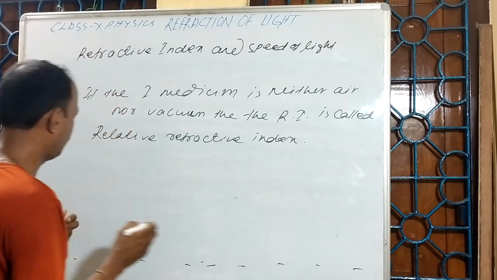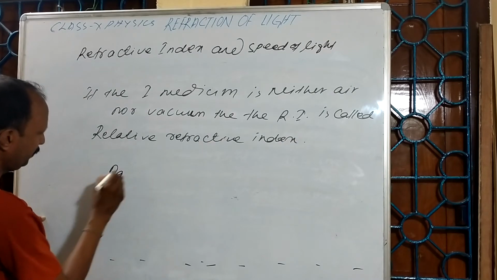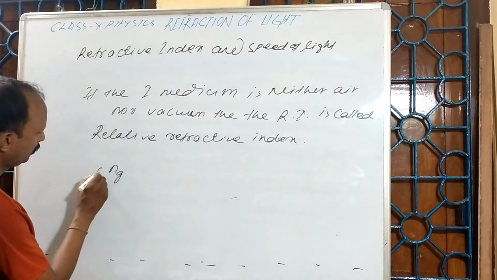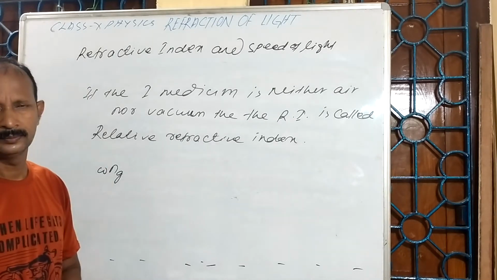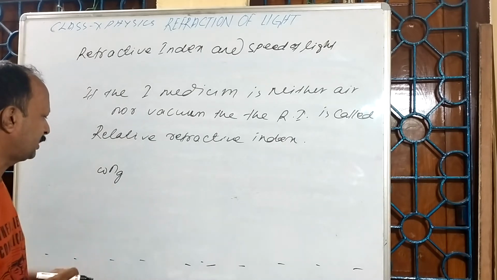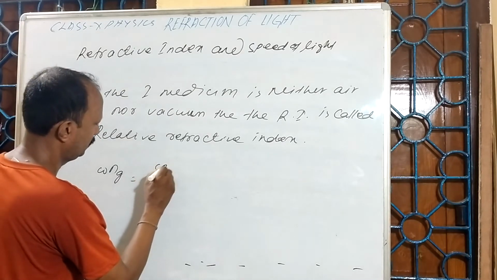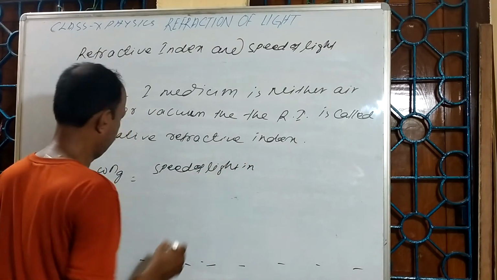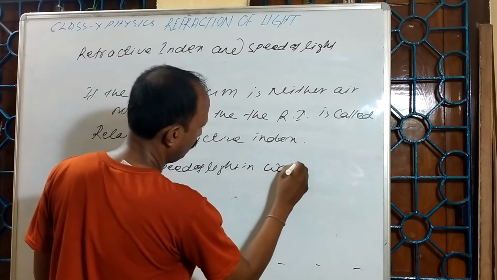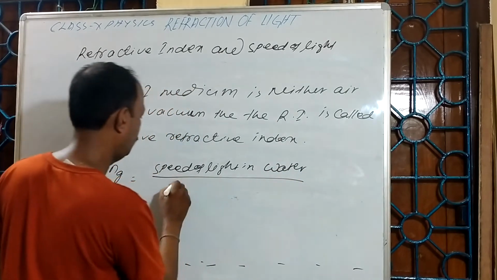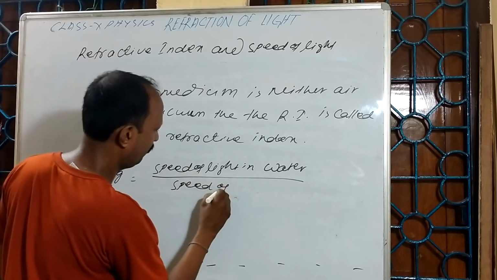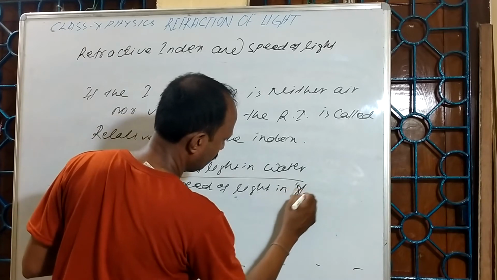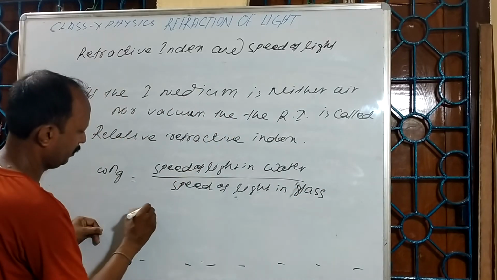For example, I am writing refractive index of glass with respect to water. Refractive index of the glass with respect to water. So I shall write speed of light in water to the speed of light in glass.